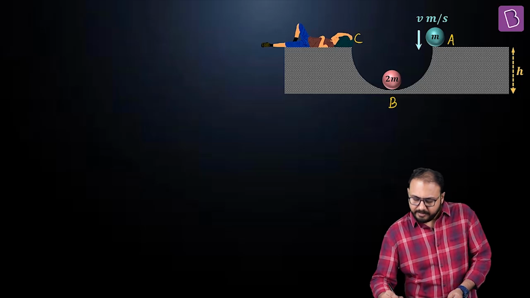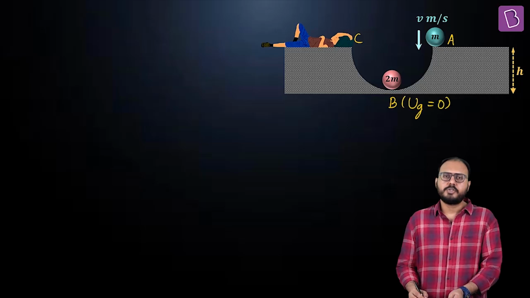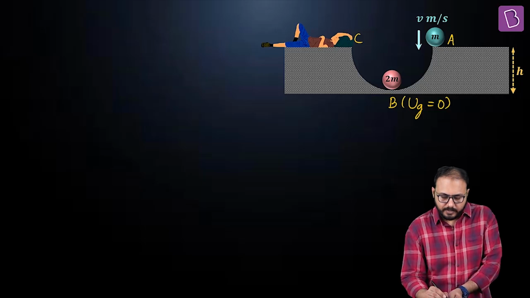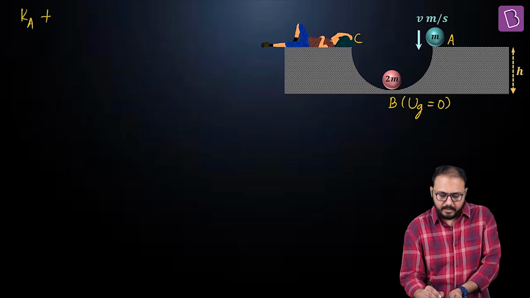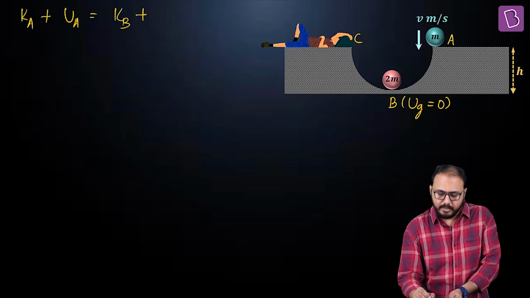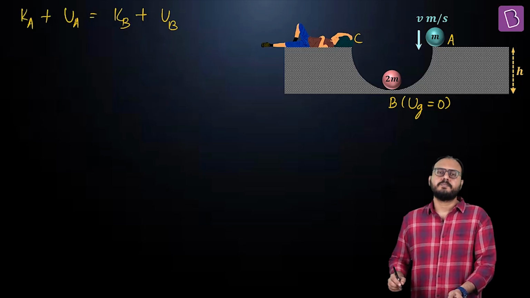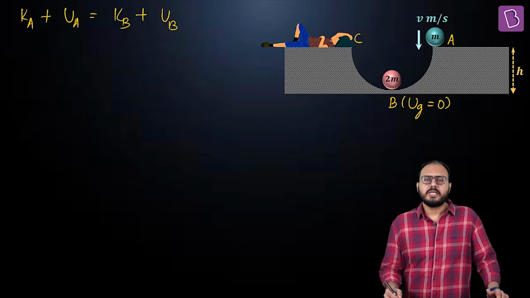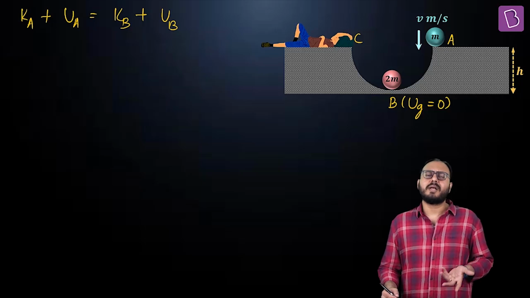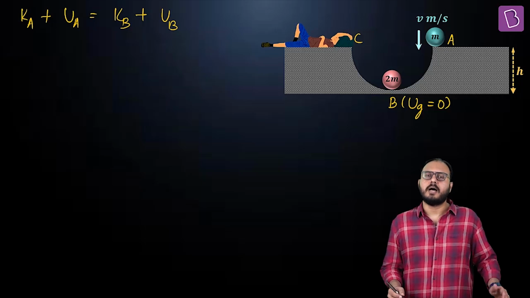Let's say I choose my datum at B, so gravitational potential energy at B is chosen as 0. So, Ka plus Ua is Kb plus Ub. You can conserve only of one particle or both. The other one remains at rest anyway, so it doesn't harm you.